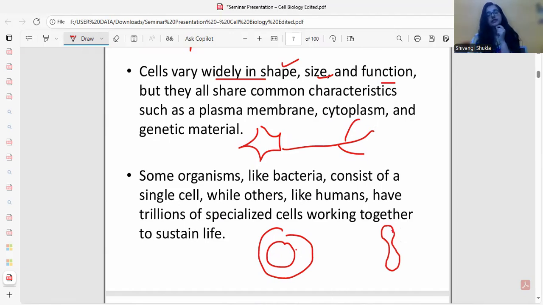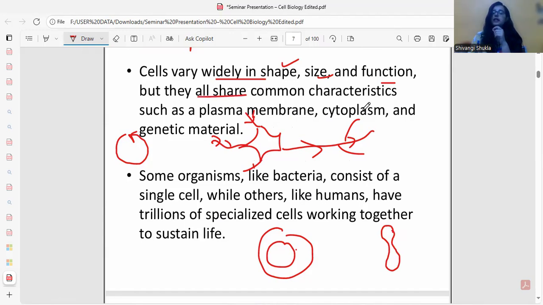So different cells, different functions, different shapes. If we say that a particular function is governed by the shape of it, obviously yes. Because if you imagine a neuron being circular, it would not be able to transmit the electrical impulse. It has to be like wires, in a branching pattern, so that the impulses can get collected and traversed through it.